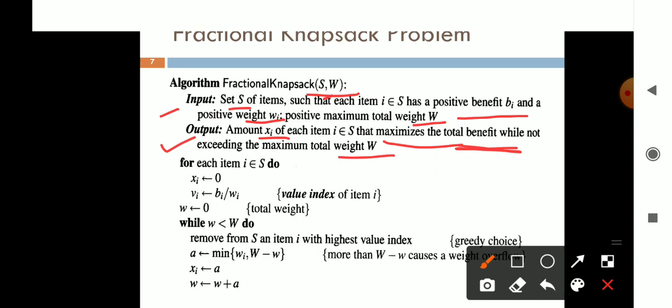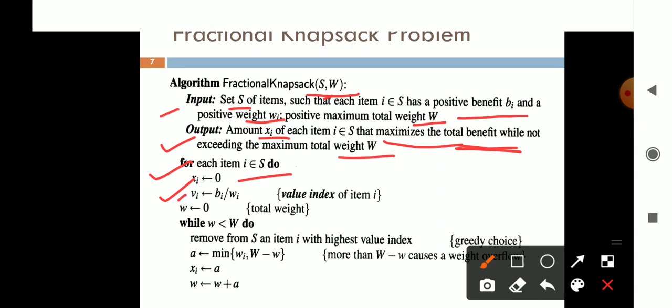Now here we are going to find out all the solutions. So here we are using a for loop. We should repeat always. We have put one item, then we have to repeat it for the second item until the bag is full. So here we go for each item from S. The amount Xi is initially 0.